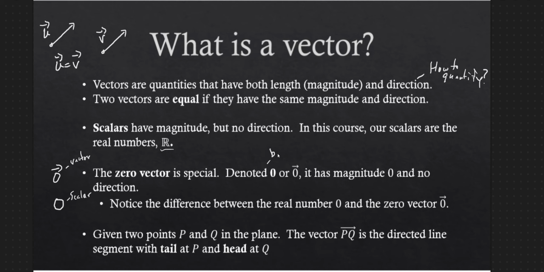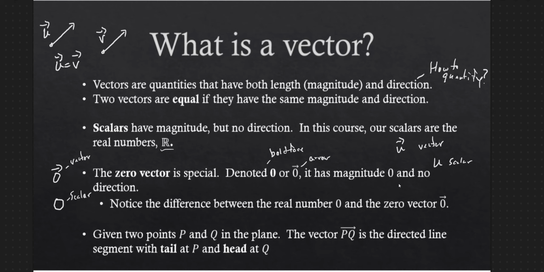So we use either boldface to indicate a vector, or if I'm drawing or writing, a little arrow above it. So something like this, u, that's a vector. If I am writing and I just say something like u, this would just be a quantity, a scalar. Typically, we won't use u for both vectors and scalars.